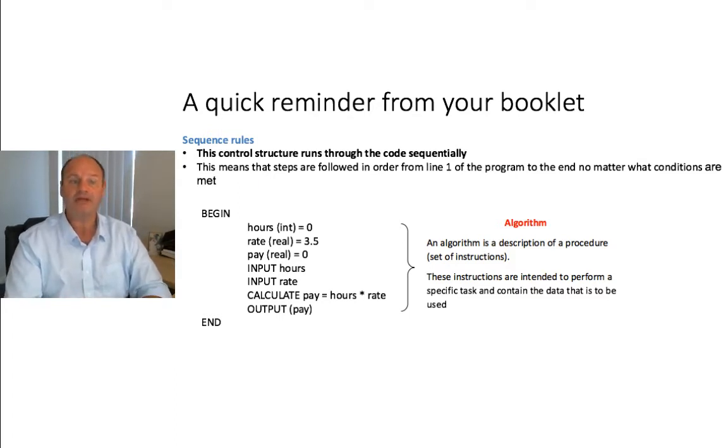But I would still put it in because it makes it clearer for the user. We come on to the output phase. Look carefully at how to express an output. Again, this keyword is in capitals and whatever is being outputted, in this case pay, is surrounded by round brackets.